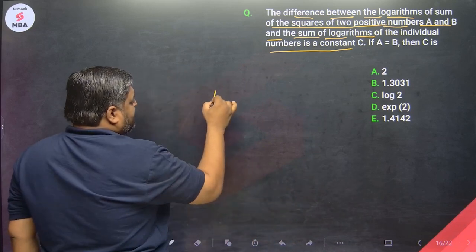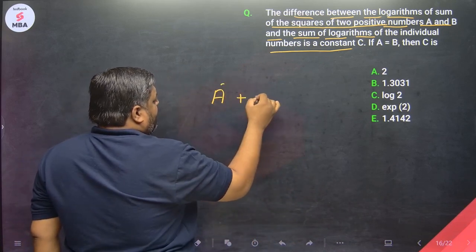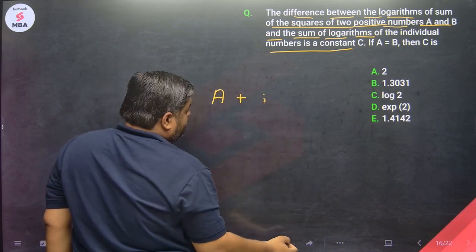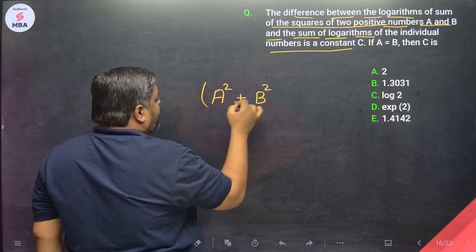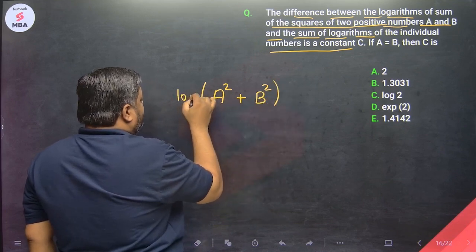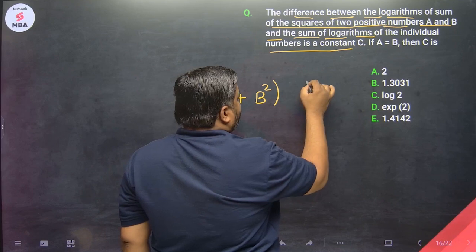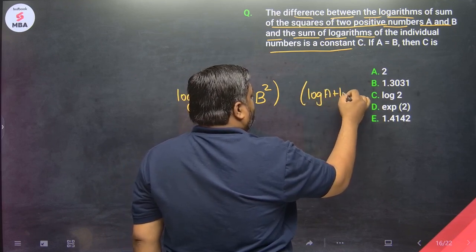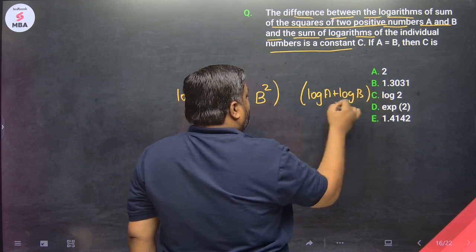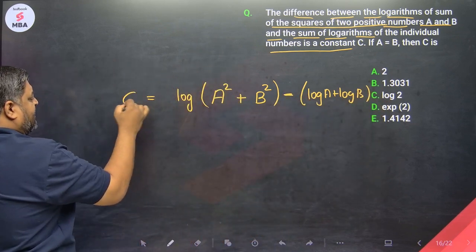So there are two positive numbers a and b. इनके स्क्वायर का सम का लॉगरिथम, ओके, एंड देयर इंडिविजुअल लॉगरिथम्स log a प्लस log b, इनका जो डिफरेंस है ना, दिस इज इक्वल टू c.